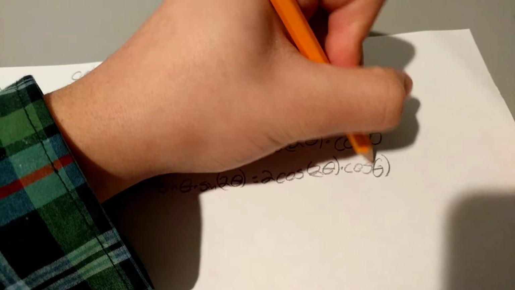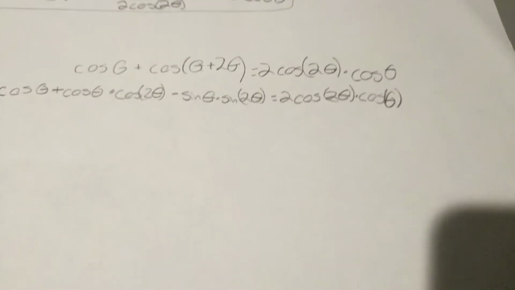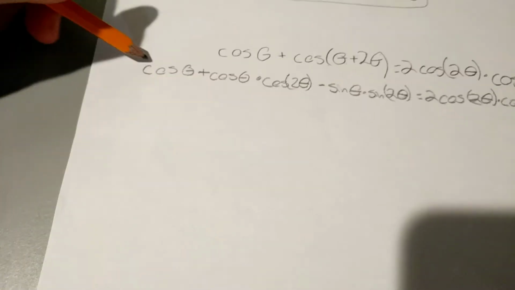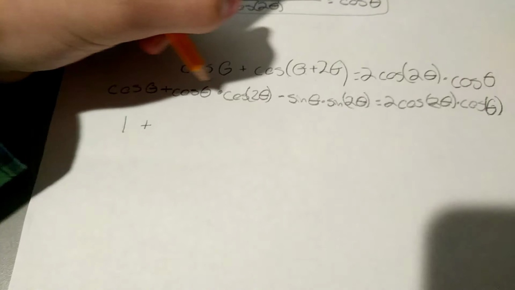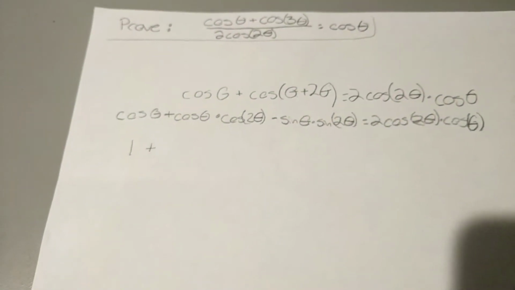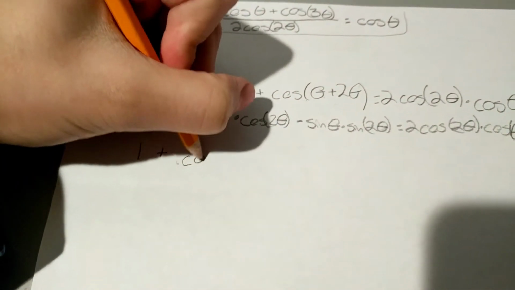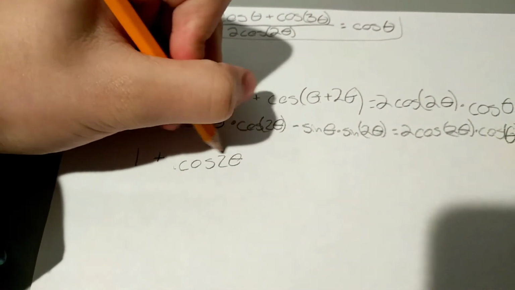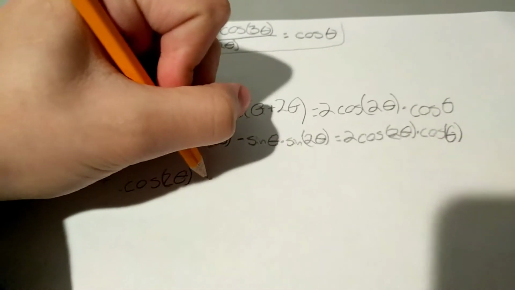Okay. So now what I'm going to do is divide both of the sides by cosine of theta. So over here, cosine of theta divided by cosine of theta, I get 1. And for all of this, I get cosine of 2 theta, because this cancels out for that and it compensates for this.